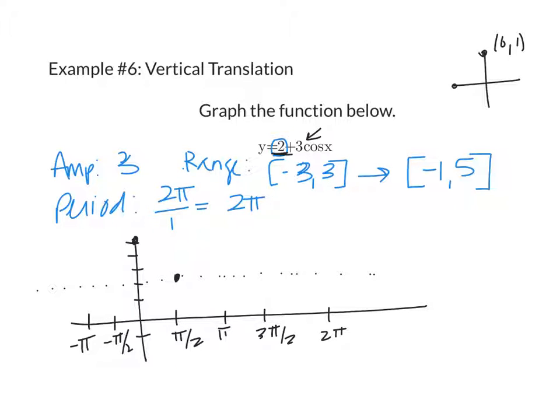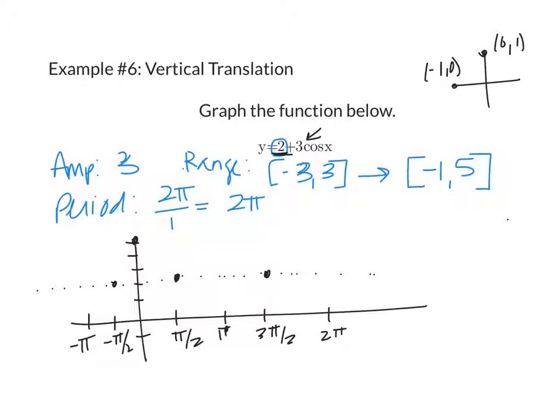At pi, our cosine is -1. If you multiply it times 3, that's -3. But if I add 2 to that, I get -1. So now it's dropped down here. If you can see the pattern, at 3 pi over 2 it's going to go back up to 2, and at 2 pi it's going to go up to 5. On the other end, at negative pi over 2, it goes down to 2, and then way down to -1 at negative pi.